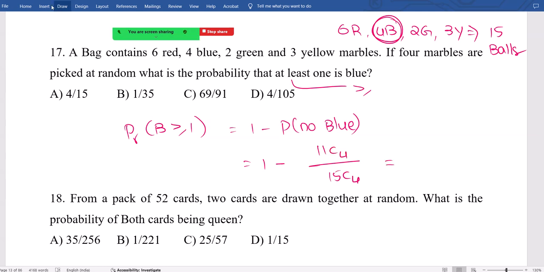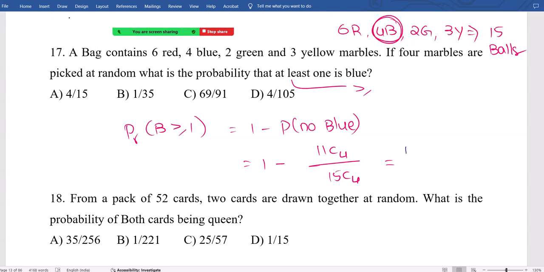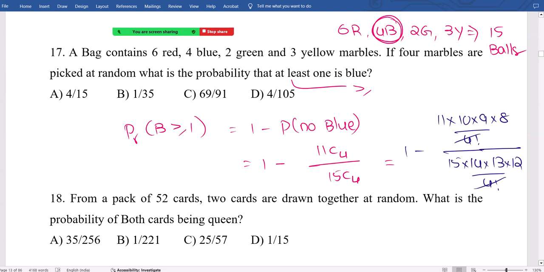You don't want blue means 4 gone. Among 11 you have to select any 4, no problem. So 15C4, simple: 15 into 14 into 13 into 12, divide by 4 factorial. 11C4: 11 into 10 into 9 into 8, 4 terms, divide by 4 factorial. 4 factorial will get cancelled.